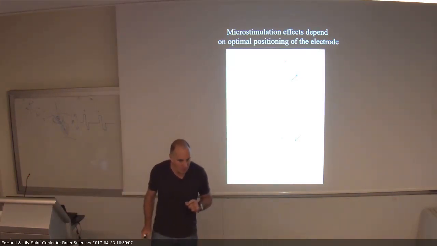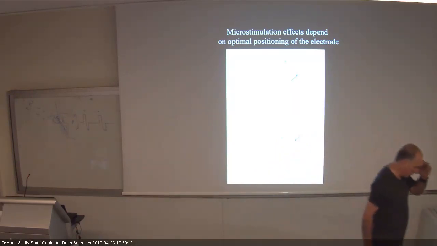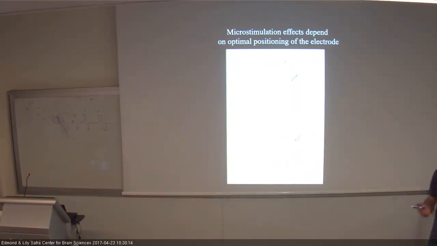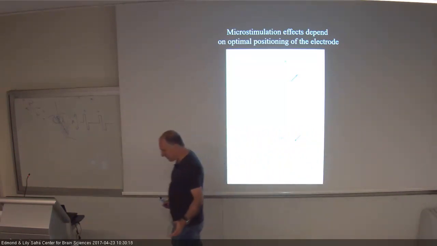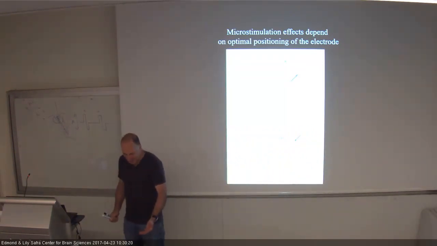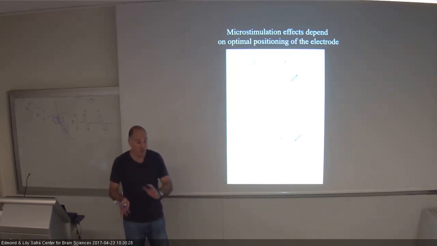Here you excite the neurons. Yeah, okay. Excellent point. With microstimulation, I wouldn't say it's brute force, but it's something where you're just exciting neurons next to the electrode. Are they excitatory, inhibitory? You have no control over this.